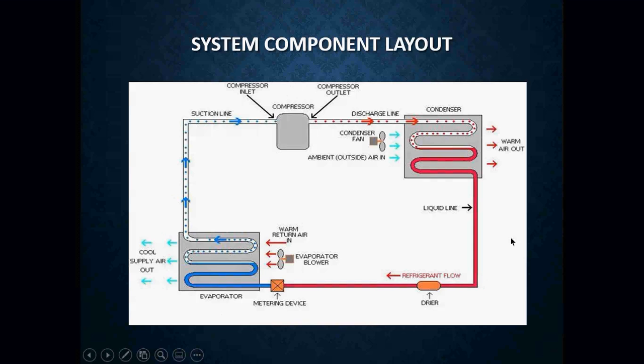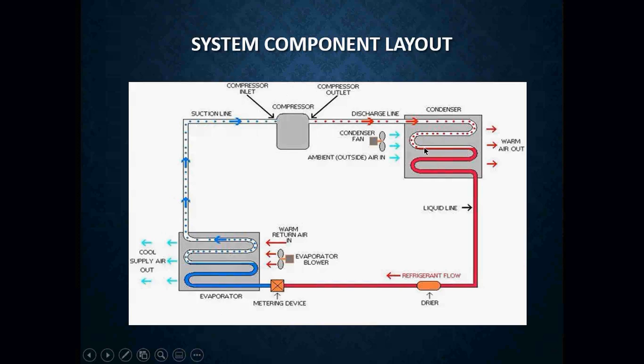So here we are. Here is our system component layout. Here is our compressor. This guy has to run. Okay, the compressor is running. We have our discharge line, our compressor outlet. High pressure, high temperature, highly superheated vapor now travels into the condenser, where the condenser begins to reject the heat.